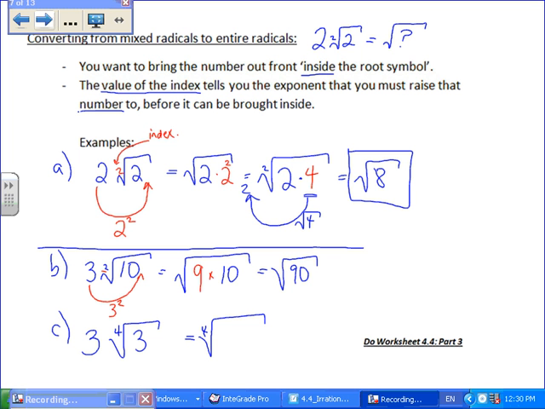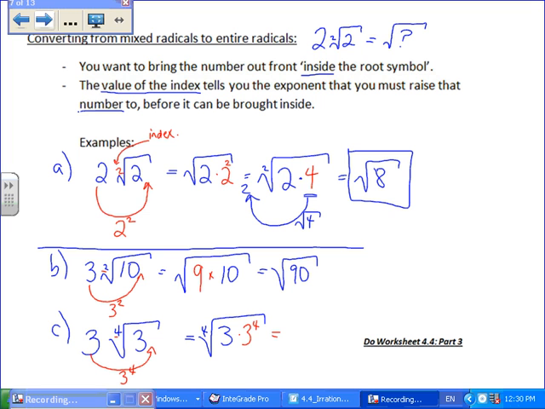So I already have a 3 inside the root symbol. It's not going anywhere. What I want to do now is bring that 3 out front in. And before I do that, I have to raise it to this exponent. So I'm going to raise it to the exponent 4. So I'm going to get 3 times 3 to the exponent 4.